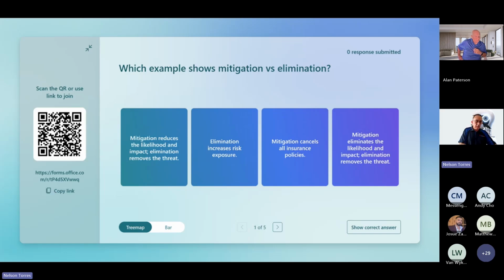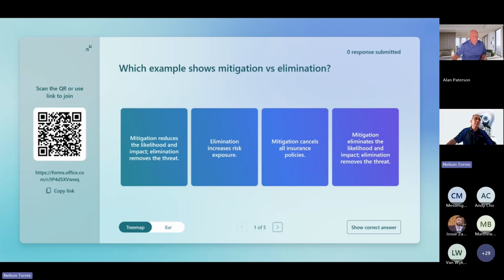Here in the chat, did we receive... There is a question in the chat. Did we receive the answer from domain 1 task 4 quiz? I sent an email, Van. If you don't receive that, let me know. I can forward the email.